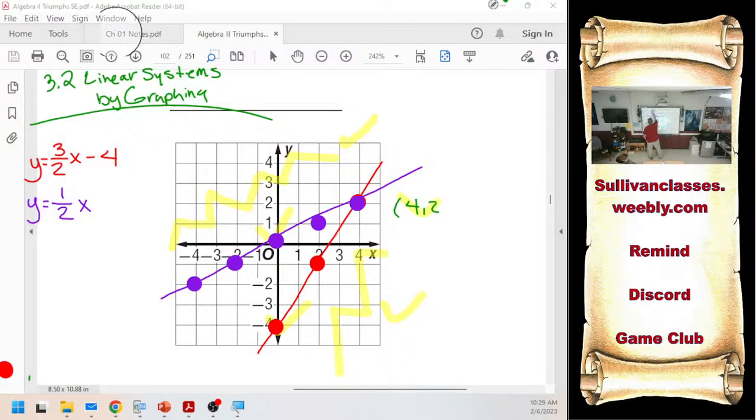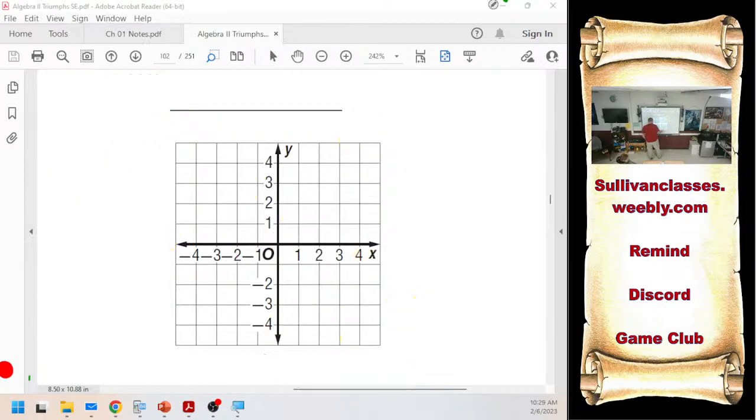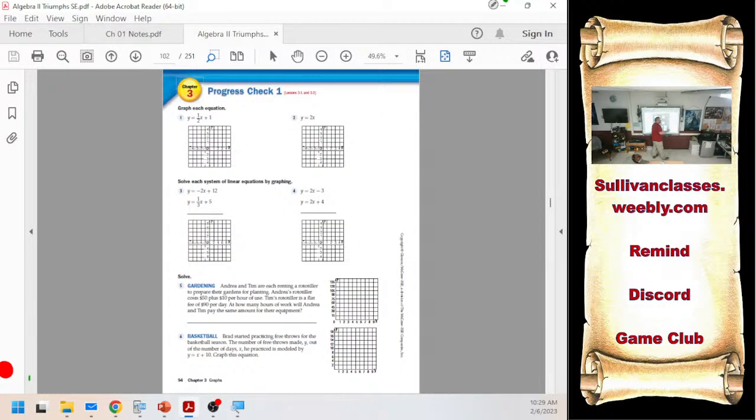3, 3. The reason I'm going one section after another like this is because they all dovetail into each other. If you can graph one line, 3, 2 says you can graph 2 lines.